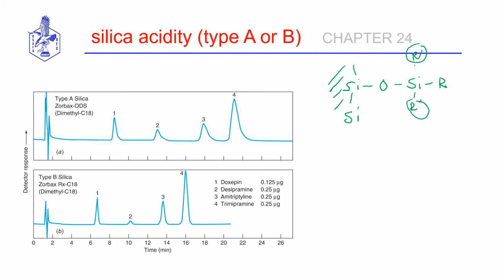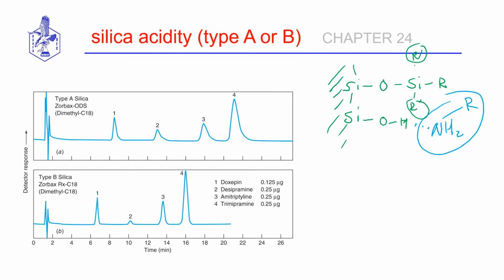And also on that surface, you can have unreacted silanol sites that tend to behave in an acidic manner. Once again, if you've got something with an amine group in it, that's a base, there's going to be an attraction with the acidic silanol sites, so this is going to get hung up on the column longer.